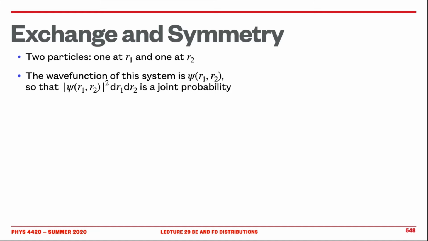So the interpretation is just an extension of what I said on the previous slide: the modulus square of that function times dr1 dr2 is the joint probability of finding particle 1 between R1 and R1 plus dr1, and particle 2 between R2 and R2 plus dr2.